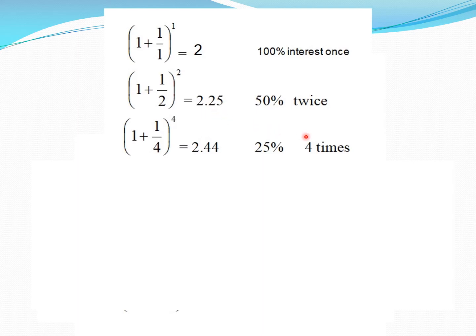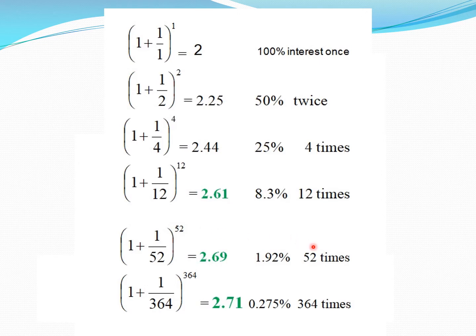If we do it 4 times, we get 1 plus a quarter, which is the 25%, to the power of 4, which is 4 times a year, we get €2.44. If we do it monthly, or 12 times a year, we get 1 plus 1 over 12, that's the interest, 8.33%, 12 times a year, we get €2.61. So you can kind of see these numbers are going to approach the e number.